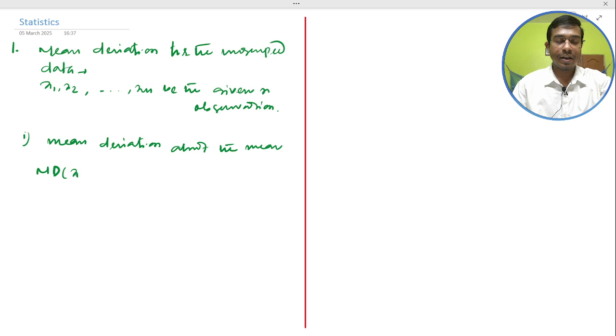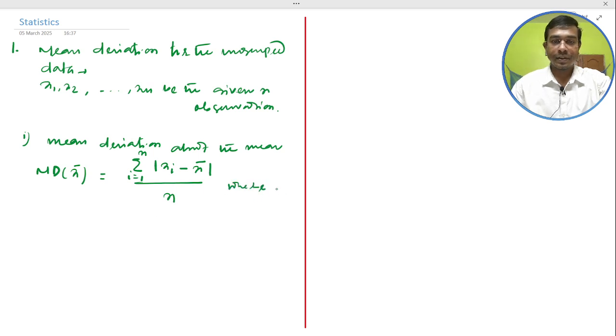This is nothing but the summation for i from 1 to n of the mod of xi minus x bar, divided by n, where x bar is the mean.